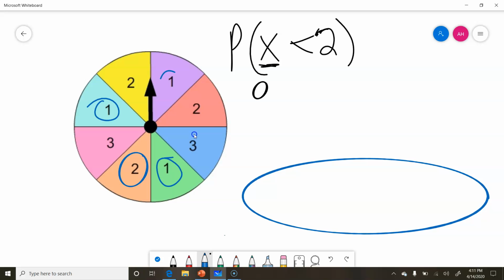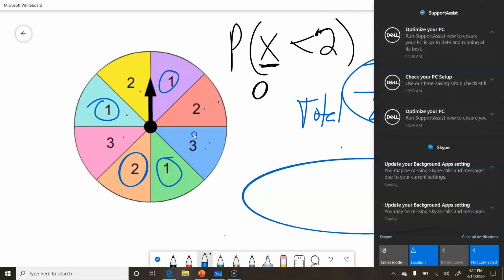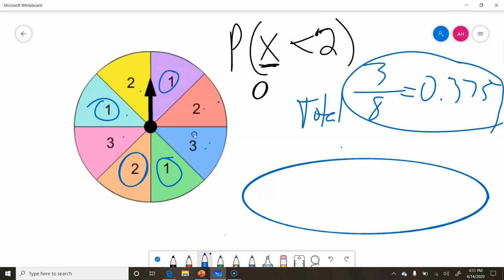Ones. 1, 2, 3. Do you see that there's only 3 that are less than 2? All these other ones, 2, 2, 2, 3, 3, and 2 are all bigger. So we're not going to use that one. How many are there total? Well, there's still 8. So it's 3 out of 8. So it happened to be the same percentage, and same decimal and same fraction. Whoa. So there we go right there. 3/8 or 0.375.